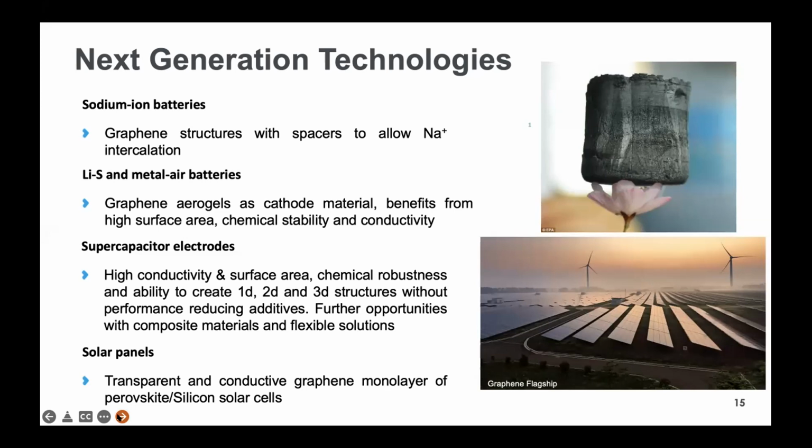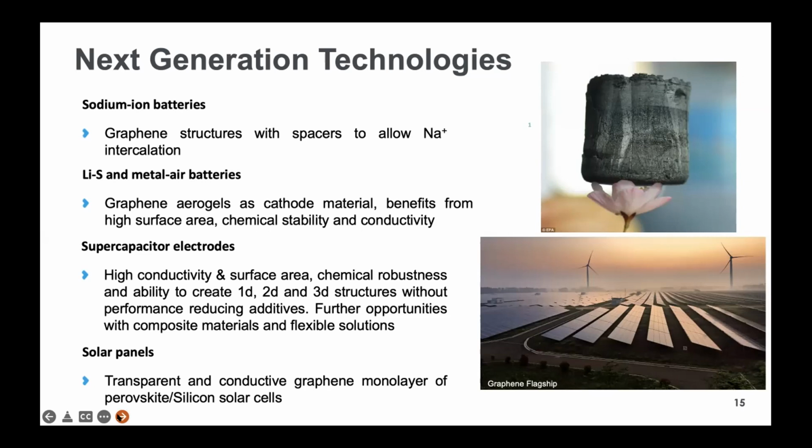And finally, solar energy, so energy generation. A very interesting project that you can find more information on from the Graphene Flagship website is a program where a graphene monolayer is added onto a perovskite silicon solar cell structure to enhance the performance, to make solar energy more efficient.